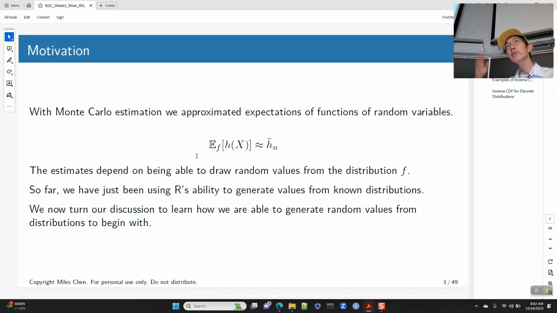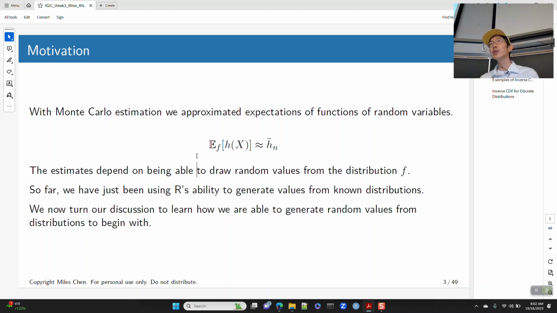And so far, all of our functions have been probability distributions that are well understood, that are built in. Our computer, R, has functions that generate quantities from these random variables: generate something from the uniform distribution, the normal distribution, the beta distribution, the gamma distribution, the exponential.